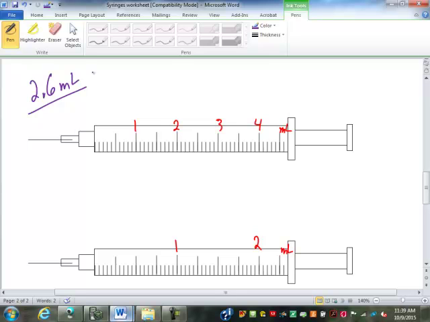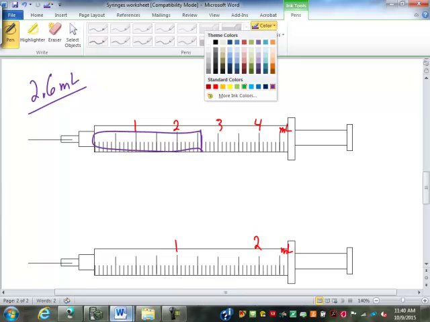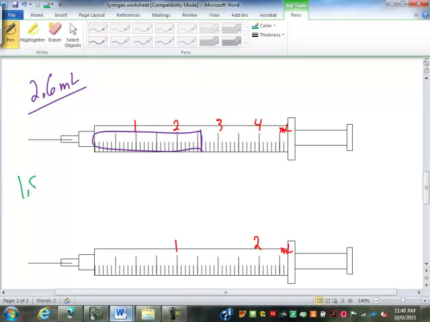The top one. Why? Oh yeah, you're right. 2.6 won't quite fit in the bottom one, will it? And we'd really rather not stick a patient twice. Right? 2.6, maybe somewhere in here. If the dosage, however, was 1.8 milliliters, then we would definitely want to use the bottom one.